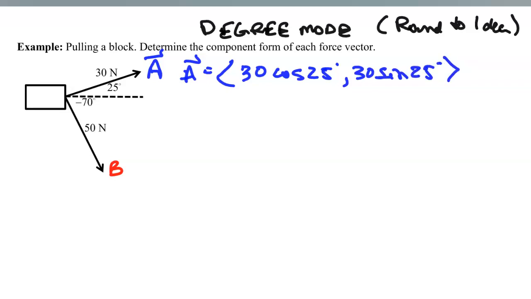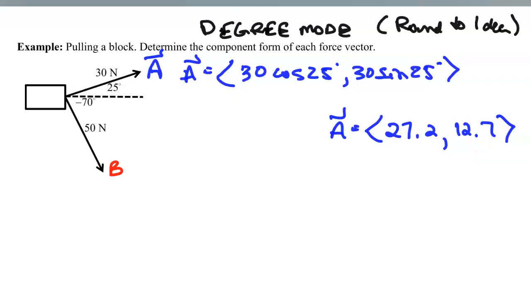I'm just going to put that in the calculator, and I'm going to round to 1 decimal. I'm not going to show that on the calculator. You could do that by yourself. And I get vector A is equal to 27.2, comma 12.7.